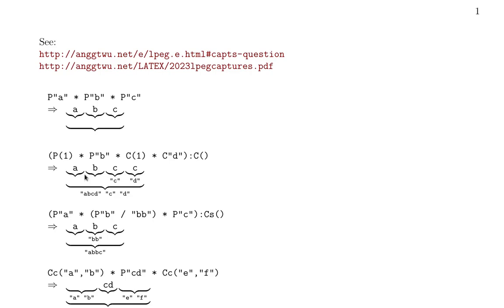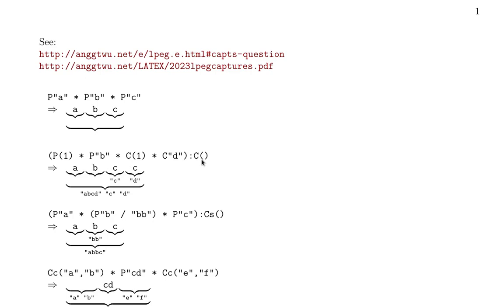And for example, this underbrace here corresponds to this pattern here that parses a single character but doesn't return any captures. This thing here parses a single B and doesn't return any captures. This thing here parses a single character and captures it. And this thing here parses the character D and captures it.